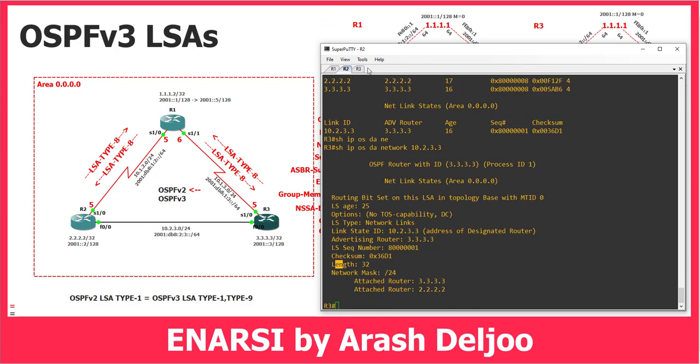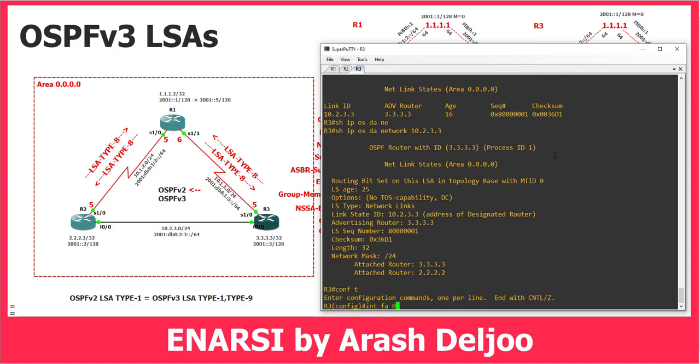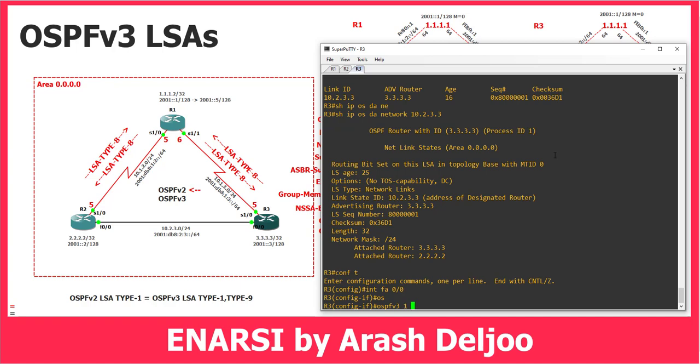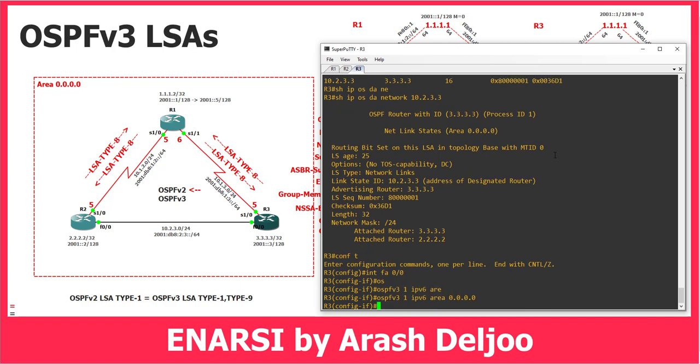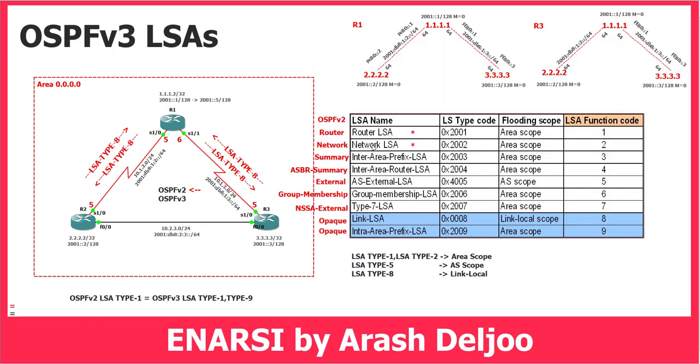And also in router 3, let me use this command: conf t, interface FastEthernet 0/0, ospfv3 1 ipv6 area 0. That's it. Okay, now we should wait again. After some seconds, we will see that we have neighborship between router 2 and router 3, and then we can verify the information in the network LSA of OSPF version 3.